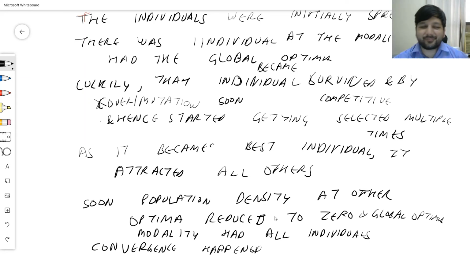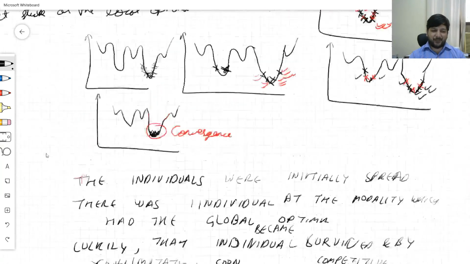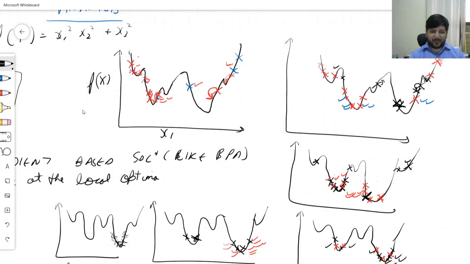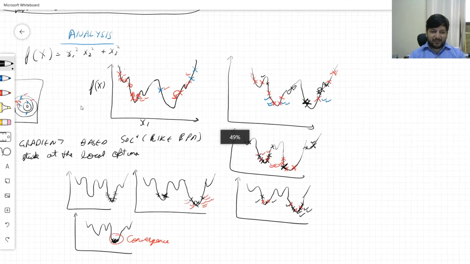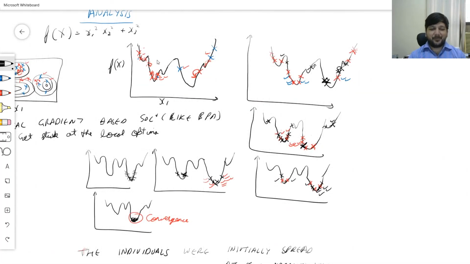So how does a general genetic algorithm operate? Initially the population is random, and slowly they get attracted to each other, slowly they try to go towards each other. The ones which are so far the best get more offspring near that region, the ones which are further away get fewer offspring.